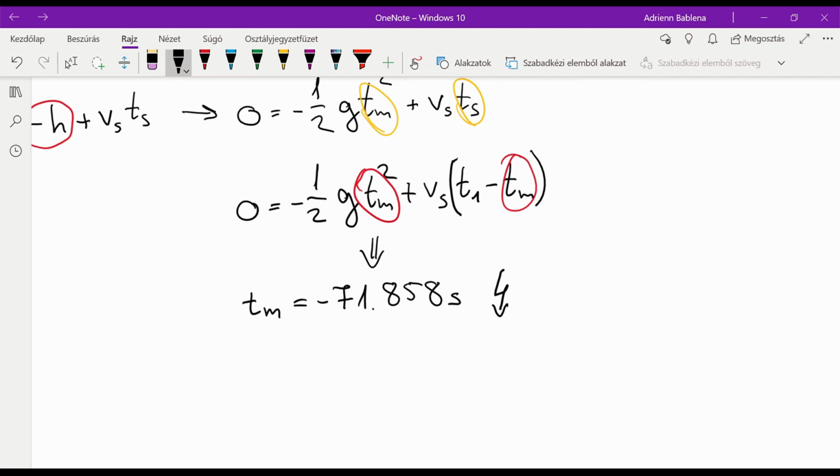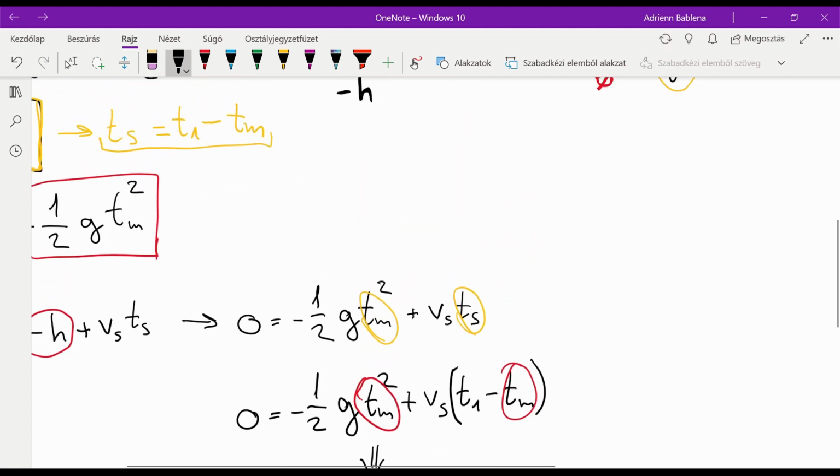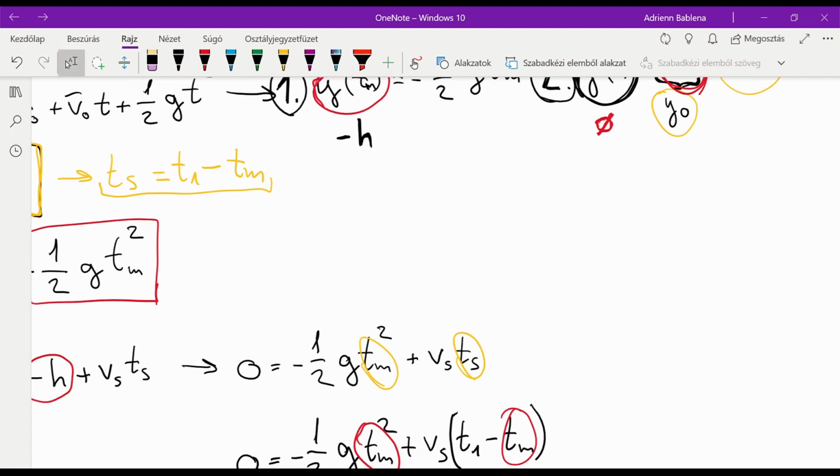So that's sure that this is wrong. And our second Tm from this equation is 3.968 seconds. So from this equation we got that the material point reaches the bottom of the hole in 3.968 seconds. That's Tm.